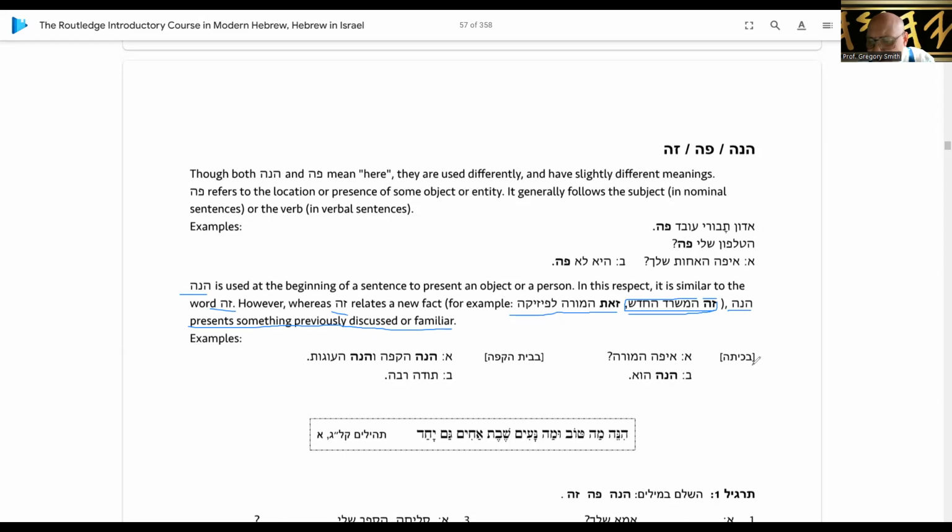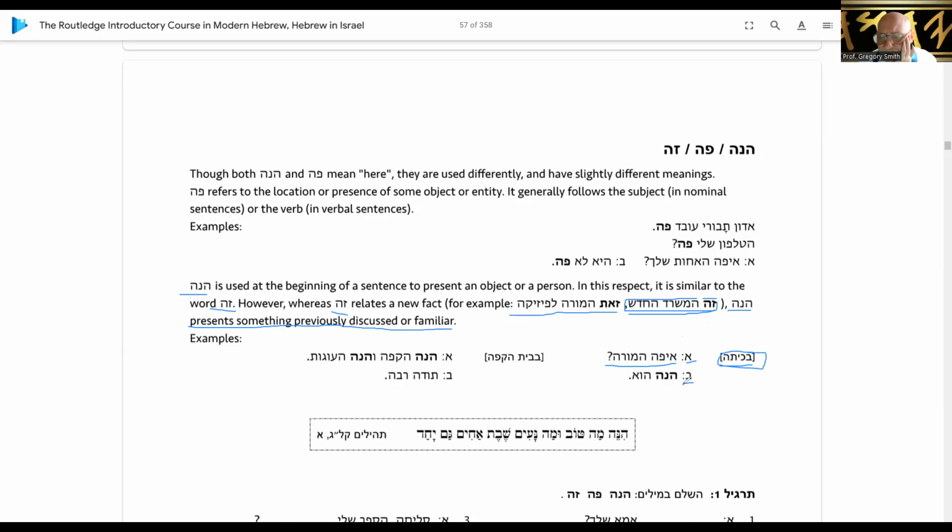So here is Bakita. Classroom, that's right. בכיתה. All right, so classroom, Bakita. Okay, here's the she'alot. This is the question. Eifo hamora. So where is the teacher?